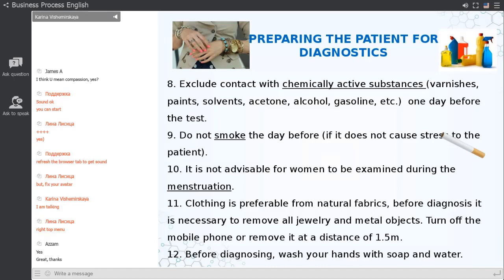If this is winter time, it is also suggested for women to wear comfortable clothes, for example, jeans and socks or some trousers, because for the feet electrodes you need to place your feet and you should take off all the shoes. You need to be barefoot.